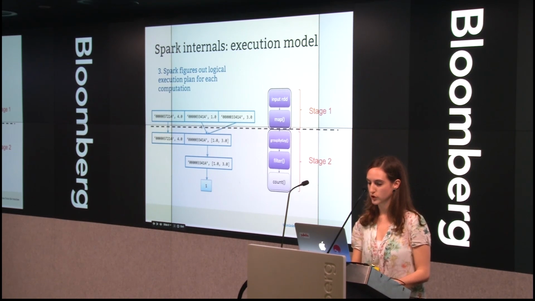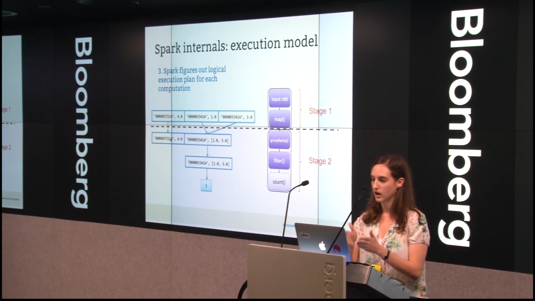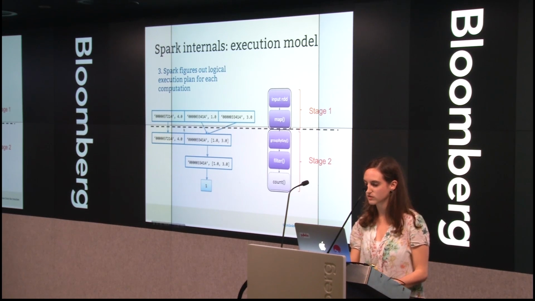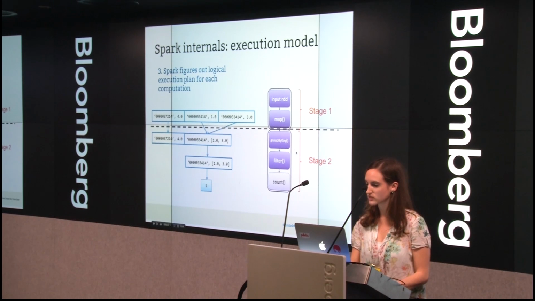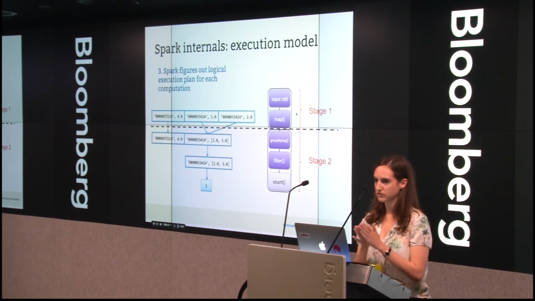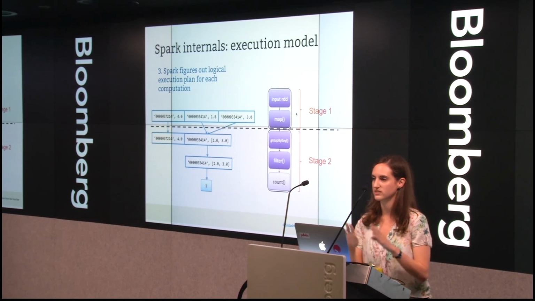Whereas, for example, the filter is a linear operation, right? So you filter 1 partition, and it's completely independent of what the other data looks like. But in the case of the group by key, no, it's not independent. You depend on the previous computation to be finished. So this is when Spark creates this idea of stages. So it takes computations, puts them together, and says, okay, this is 1 stage.